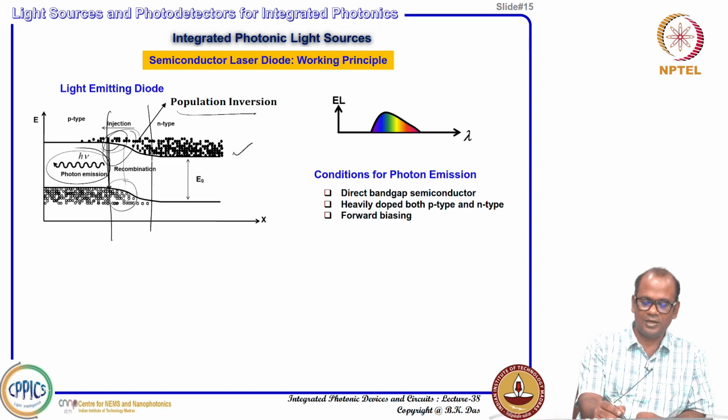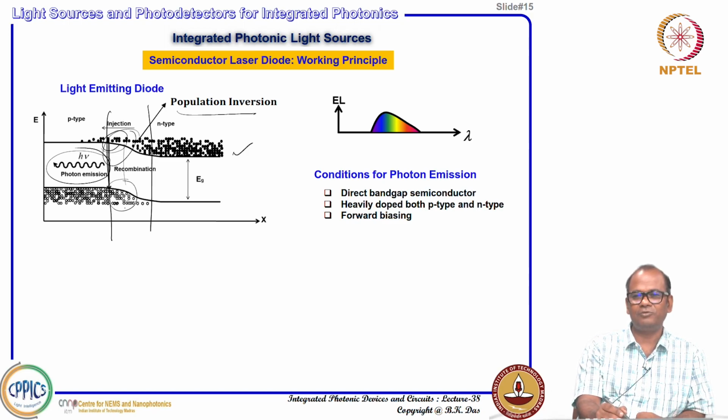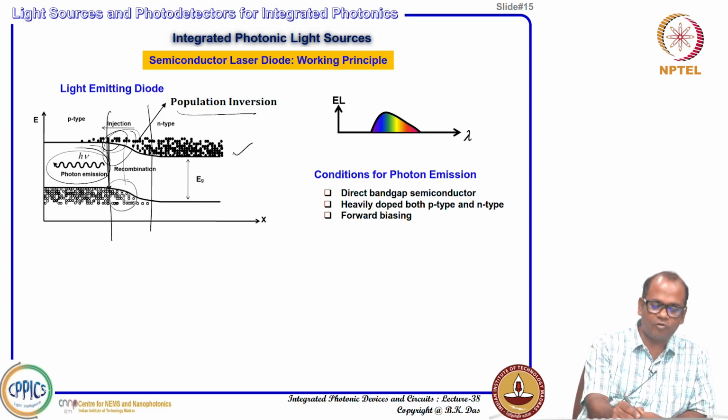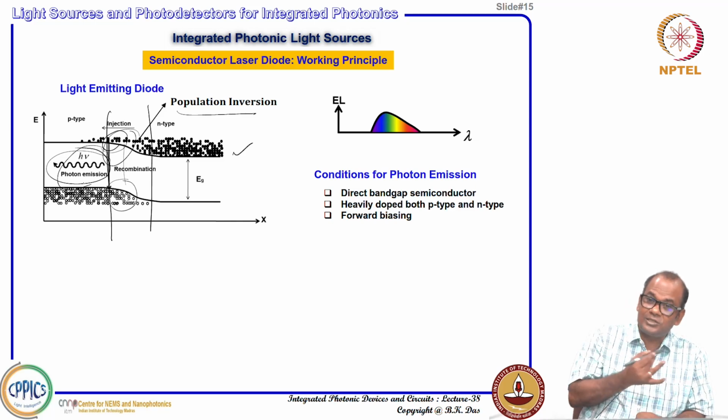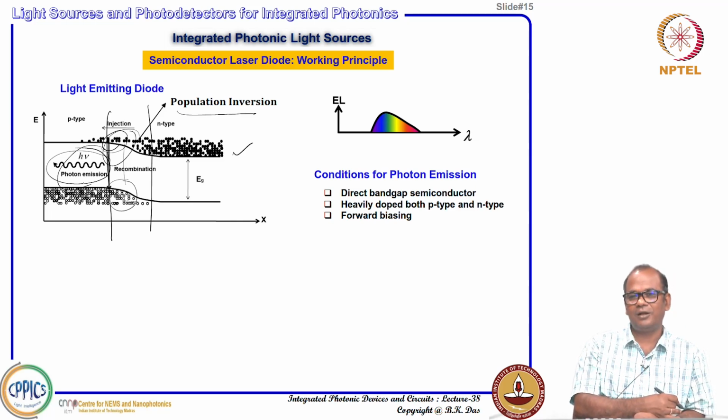Instead, these electrons will try to come down to the valence band, but with a different, non-radiative path. It will lose some energy to the crystal, to the phonons, and it will heat up the material, but no photon.